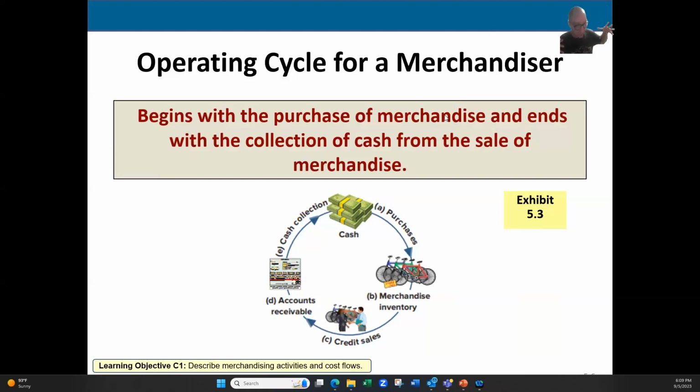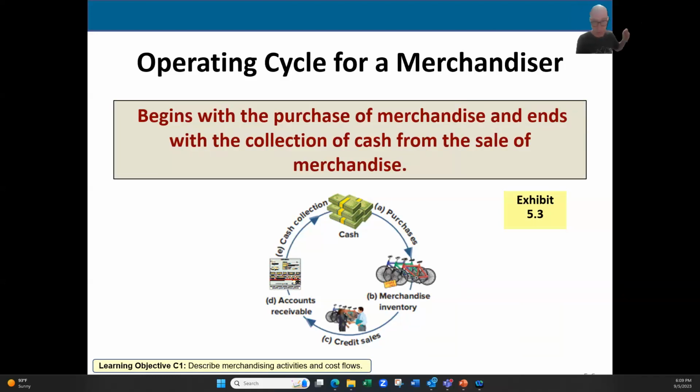So let's look heavily at how inventory and merchandise works. Okay, so every retailer has what we call an operating cycle. The operating cycle represents the business cycle as a whole. So how does it start? It starts with cash.